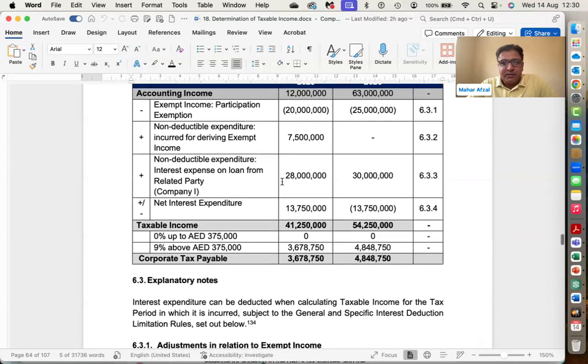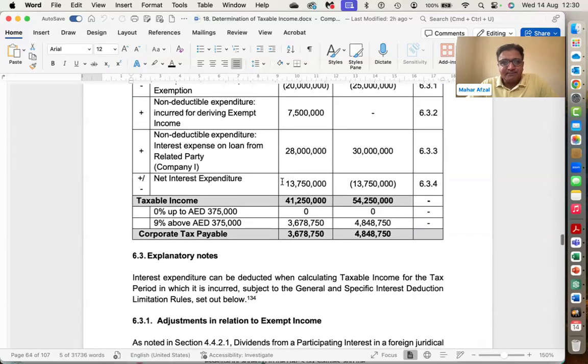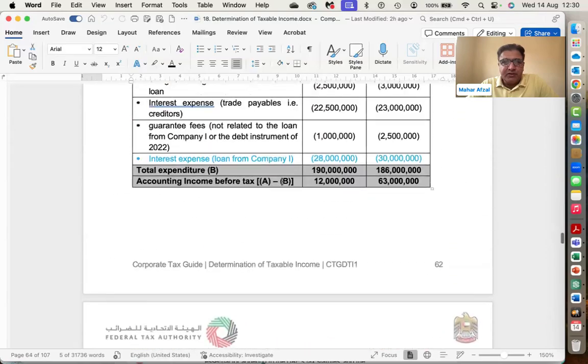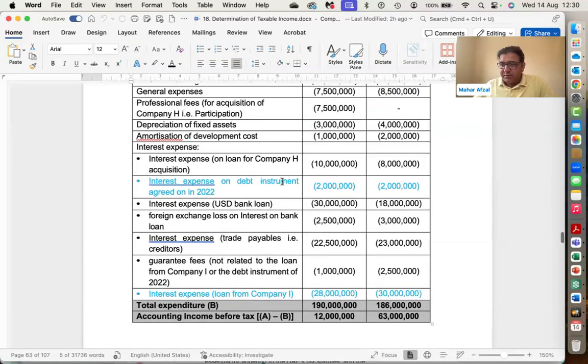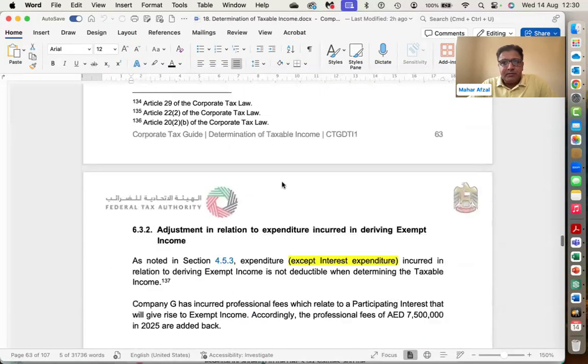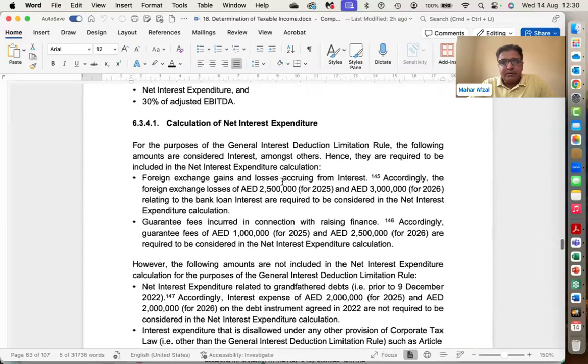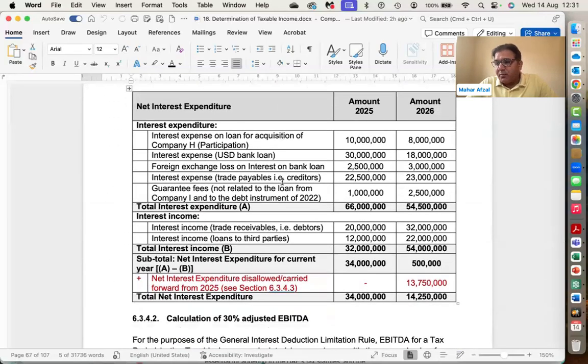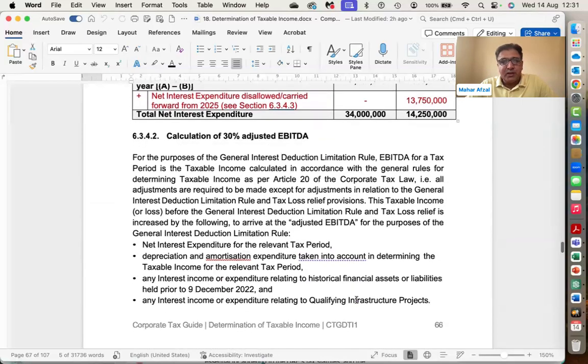Net interest expenditure, they are asking. So net interest expenditure should be adjusted EBITDA. Adjusted EBITDA is... let me go to the calculation. Yeah, this is fine. 34 million is fine. We have calculated the same net interest expenditure as well.